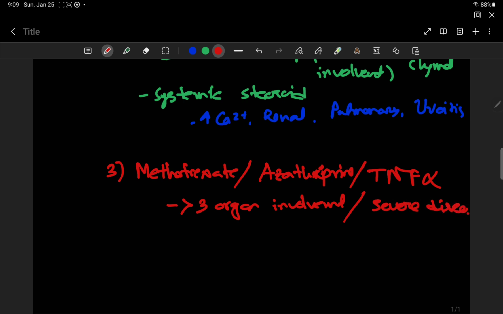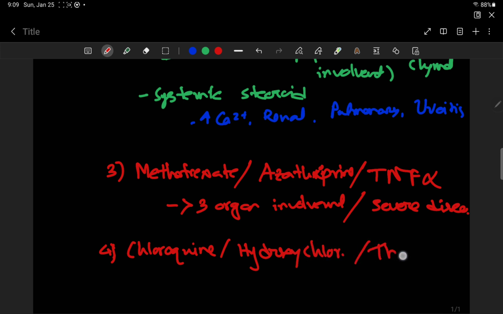In case of only cutaneous disease, you can give chloroquine, hydroxychloroquine or thalidomide.